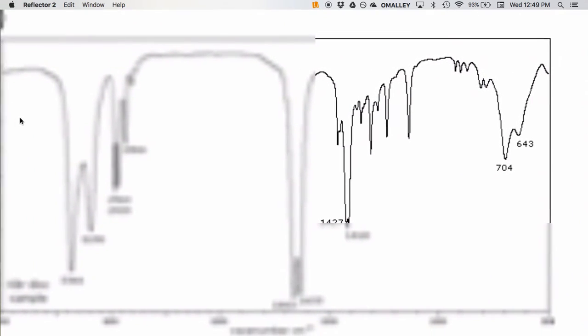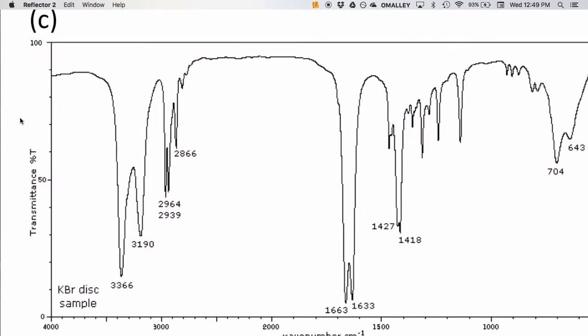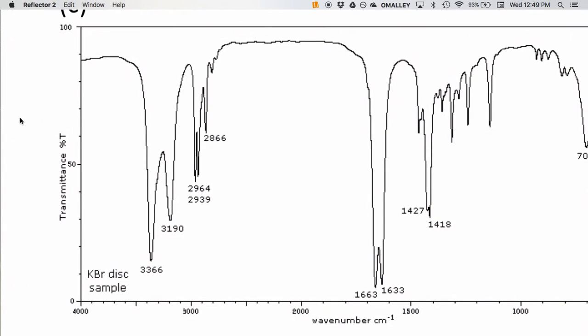Continuing down to the next one, part C, I have a very busy mixture going off on the left here, not just at 3000, but well above 3000. And if I look back at the remaining two examples, this is either OH or NH bonds based on the references, and none of our examples have OH bonds, so this must be something that contains an NH, and then that pretty much gives it away. This must be the amide.